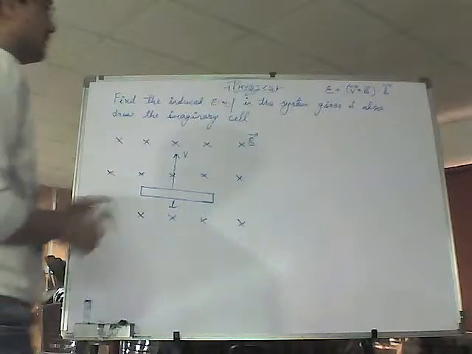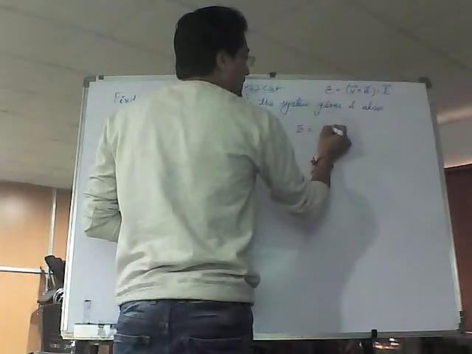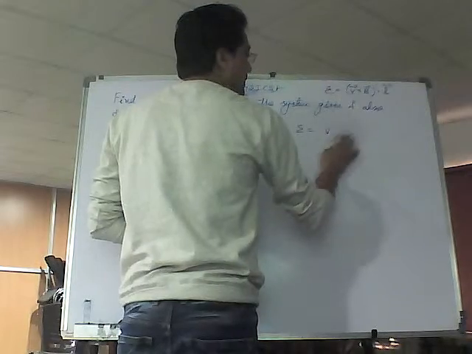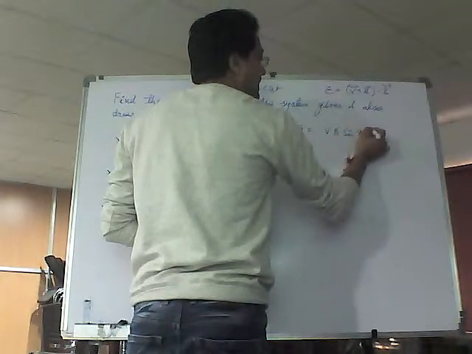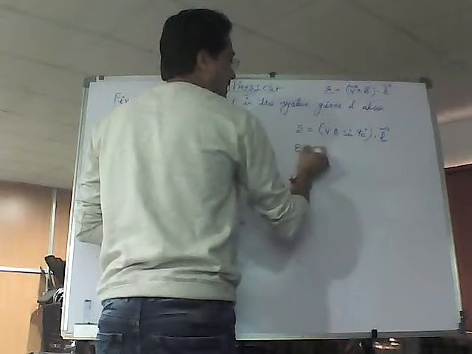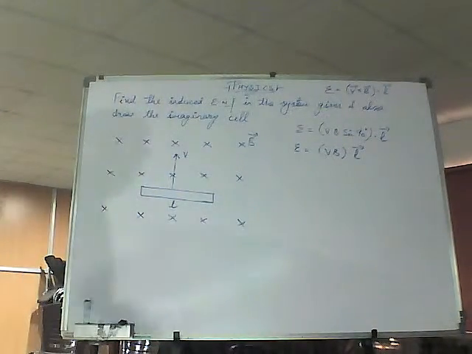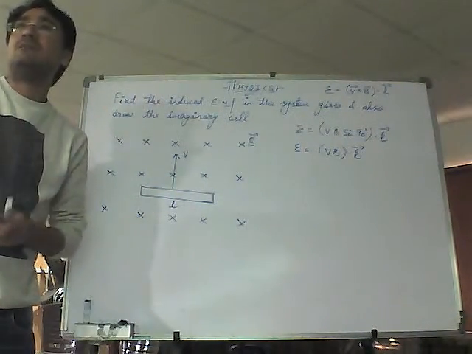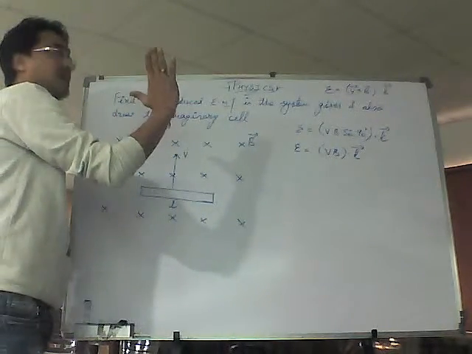So now if you see, the first step that we do is E is equals to V cross B dot L, V B sine of angle between them which is 90 degrees dot vector L. So we get E is equals to VB dot vector L. What is the direction of V cross B? Please find out what is the direction of V cross B. So V ऊपर की ओर है, B अंदर की ओर है.